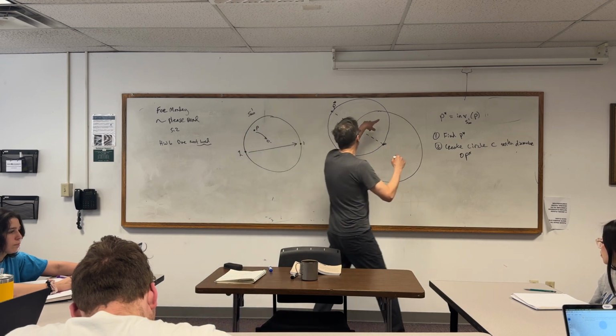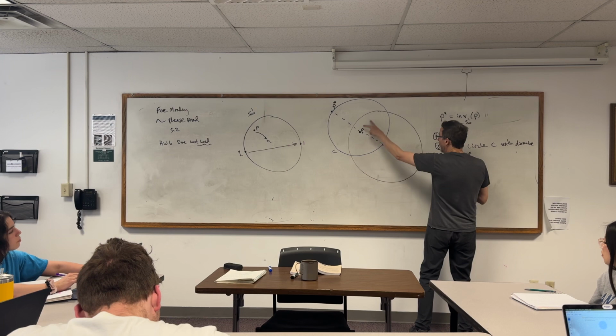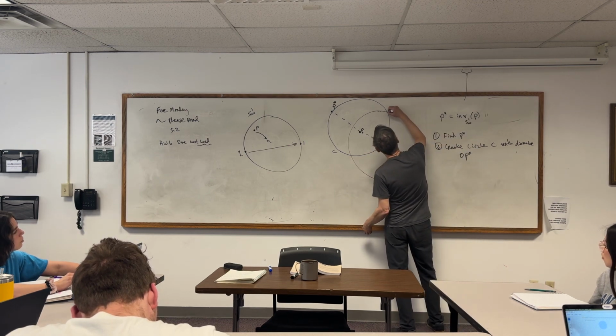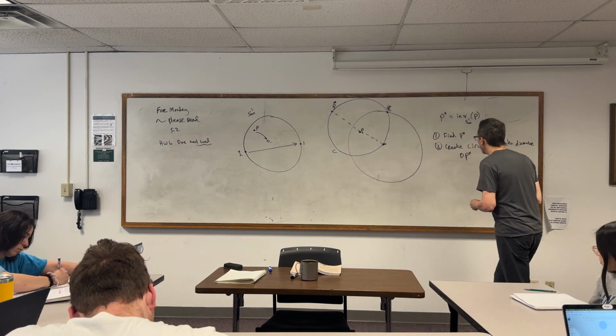Note where it intersects S1 infinity. So where does it intersect the boundary of our world? And you can pick either point. So I'm going to pick that point right there and call that, well, I don't want to call it Q. How about we just call it R right there.